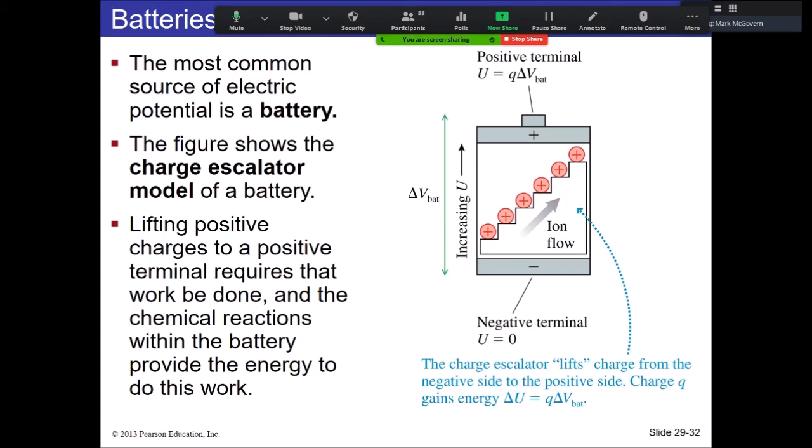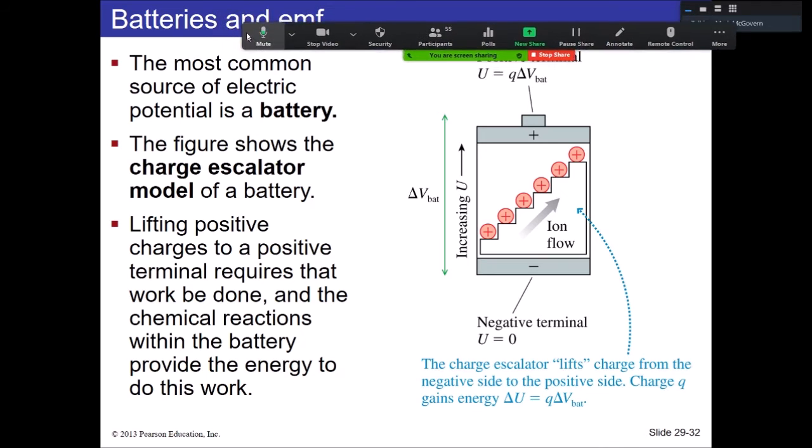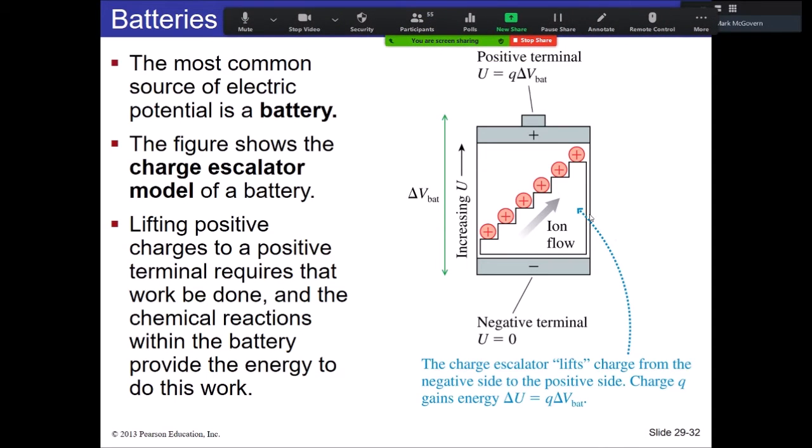One of the ways that this is done is through the use of common batteries. The way the common battery works is there are some nasty chemicals inside of your batteries, and the chemical reactions create a separation of charge. The separation of charge in there establishes the potential difference.